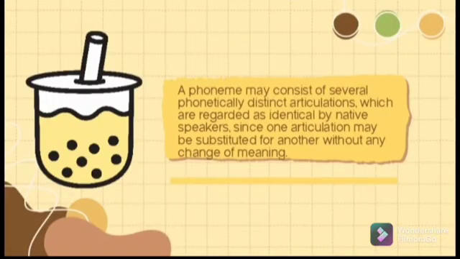A phoneme may consist of several phonetically distinct articulations, which are regarded as essentially the same by native speakers, since one articulation may be substituted for another without any change of meaning.